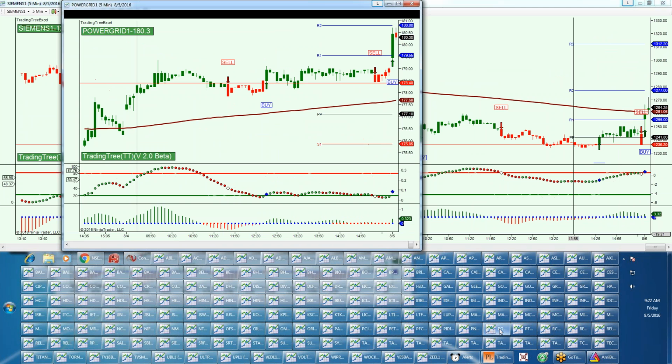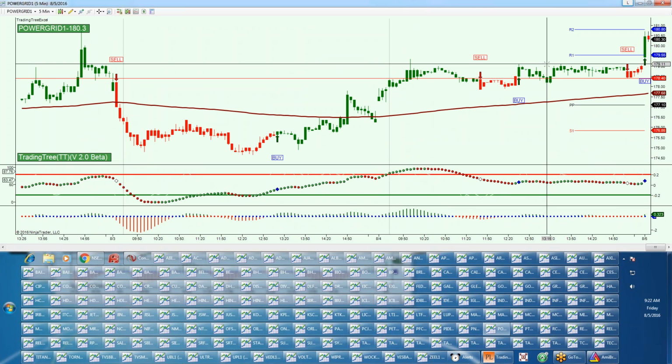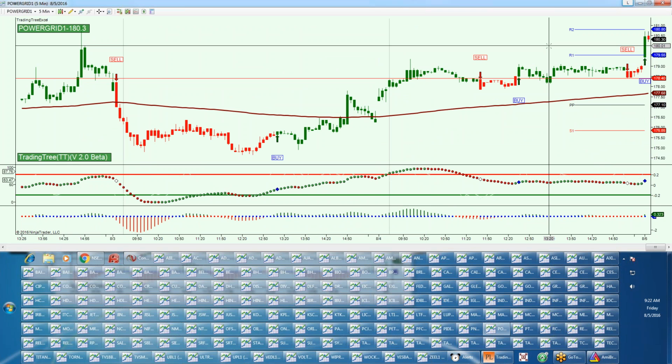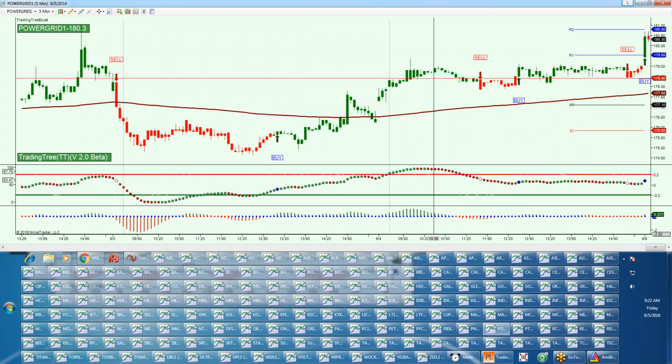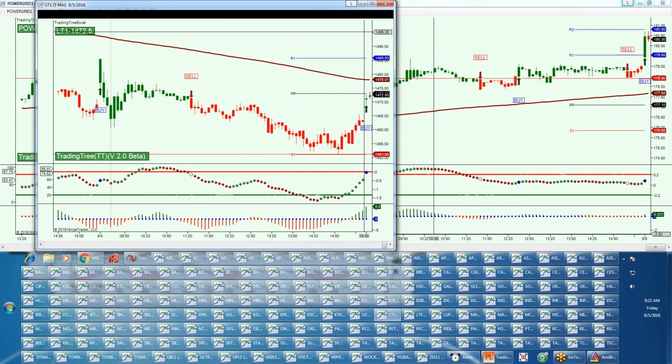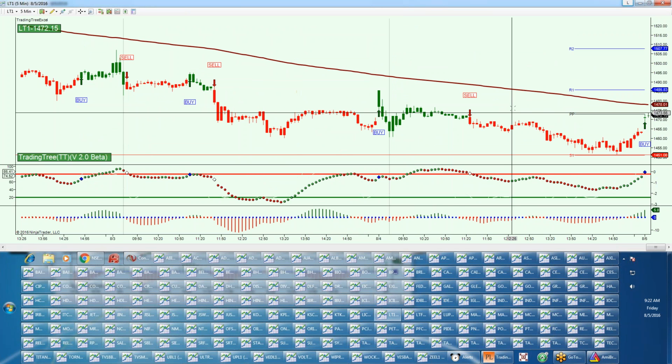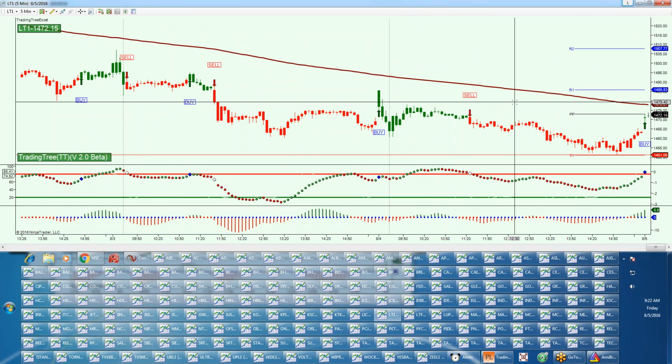because you have the strong resistances here, that the brown line and this R1 here. We have a call in Power Grid. You can buy above R2, that is 181. We have a buy in LNT. Again LNT we have two resistances here. So we can think about buying this at 1480.